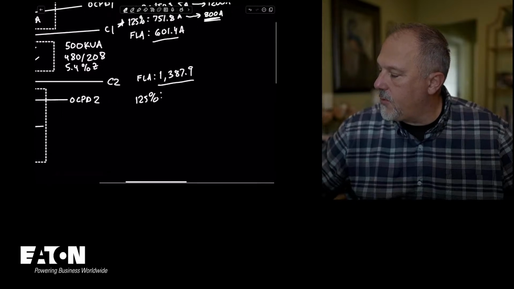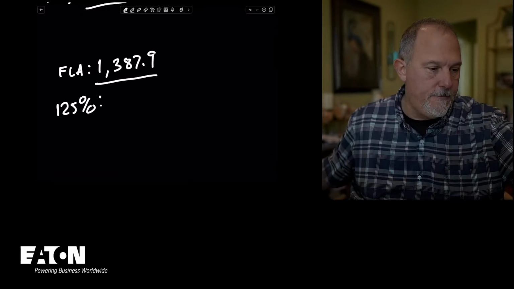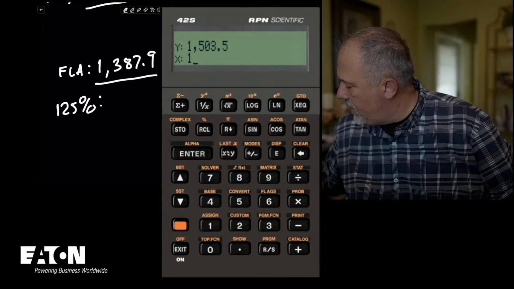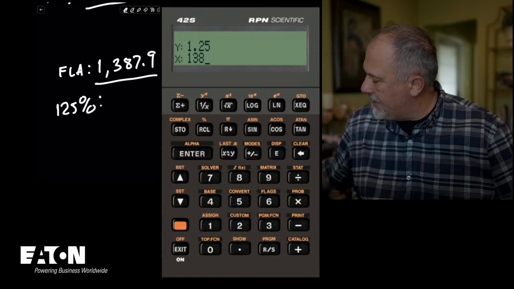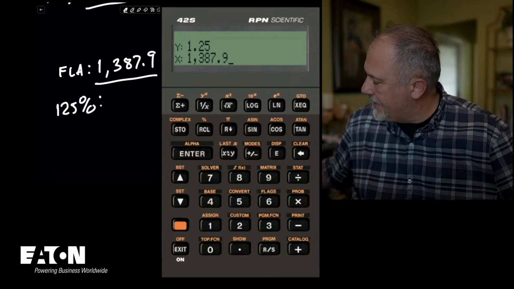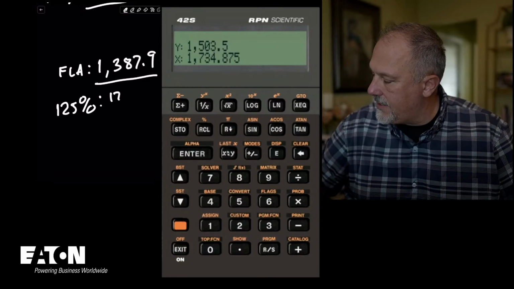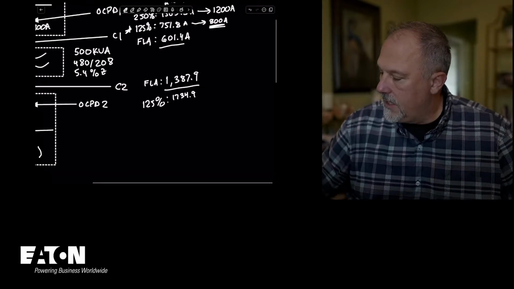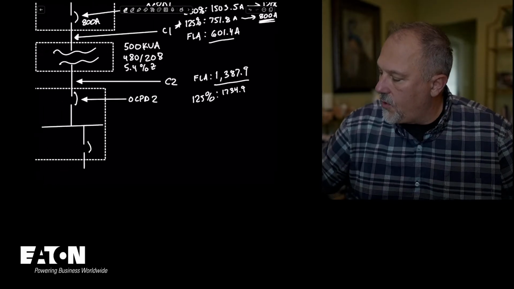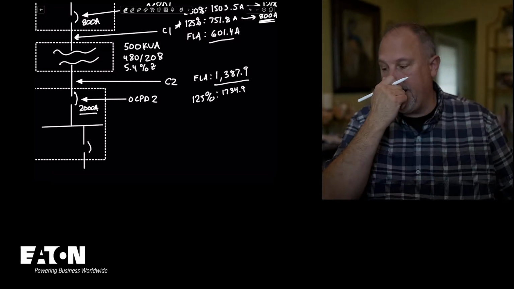I'm going to do my 125% of 1387.9. 1.25 times 1387.9, that is 1734.875, 1734.9. So what I'm going to say is I'm going to go with a 2,000 amp panel board on the secondary.